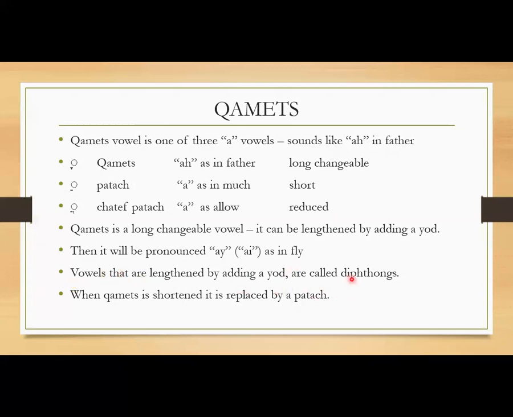Okay? So what is a diphthong? A diphthong is two sounds. I, fly. When kamets is shortened, it is replaced by a patah. As I said to you, I can shorten that, but use the patah.